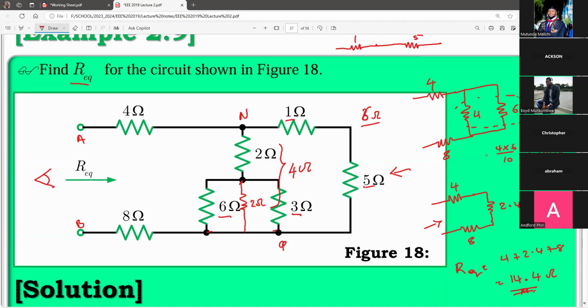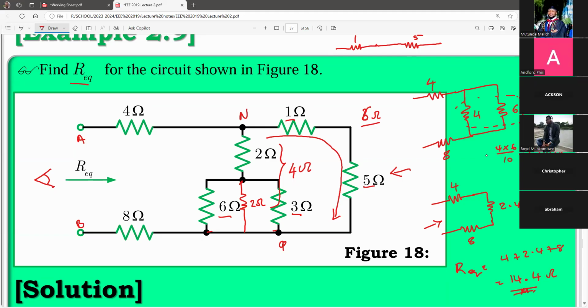If you were to go like this, how are resistor 1 ohm and 5 ohm connected? They're connected in series. And we said for resistors in series, what is their equivalent resistance? Just the addition of the individual resistances.